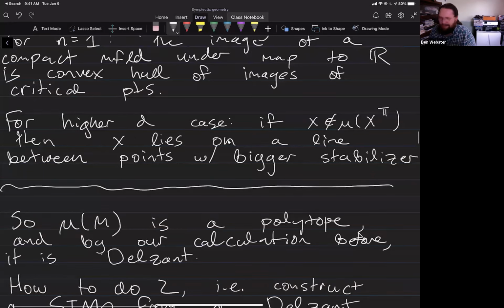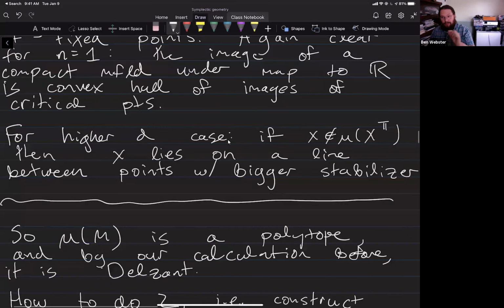All right, so that's my slightly holey argument for why the image has to be a polytope. And our calculation before showed you that near each fixed point, so near each vertex of that polytope, you have to satisfy the Delzant condition. And being Delzant is just a condition about what happens at every vertex.